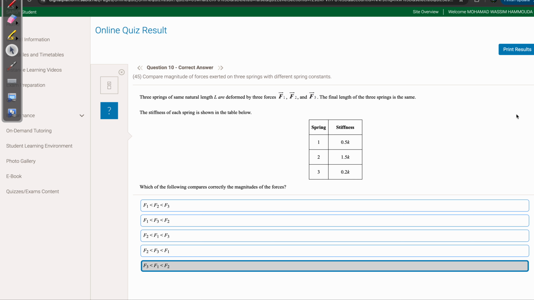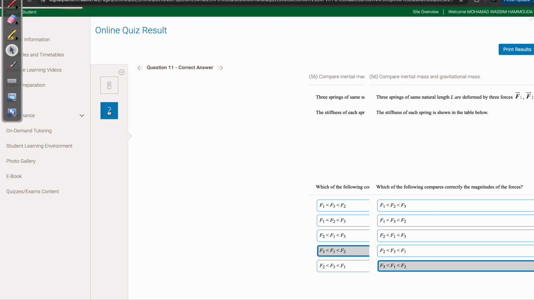Since the final length is the same, you're gonna need more force to change the length of the one with more stiffness, right? So F2 will have the most magnitude, F1 will have less than F2 but more than F3. And then F3 has the least magnitude. Number 11.